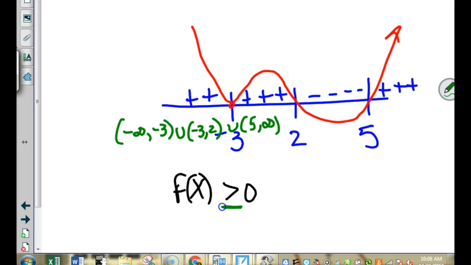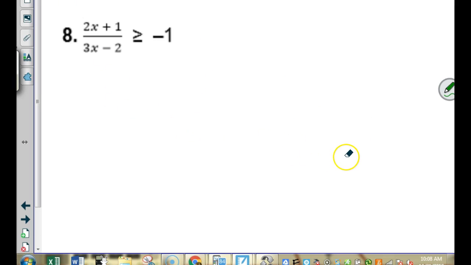Right, if it's or equal to, then you could have lumped all this together and just said from -infinity to 2, hard bracket, and then 5 to infinity, okay? Answered that question. All right, last one, I think.